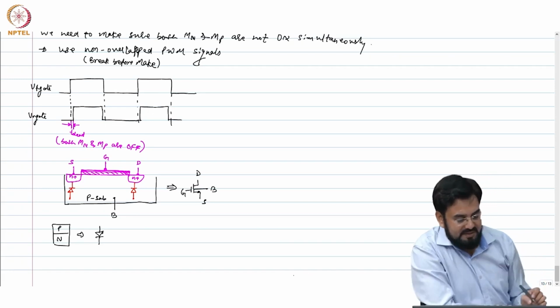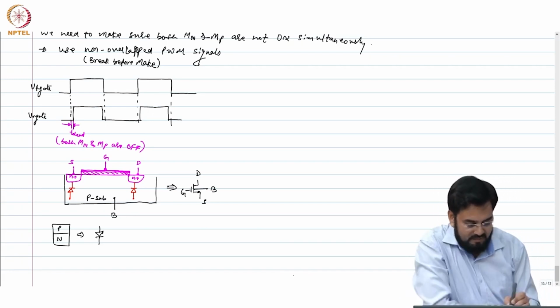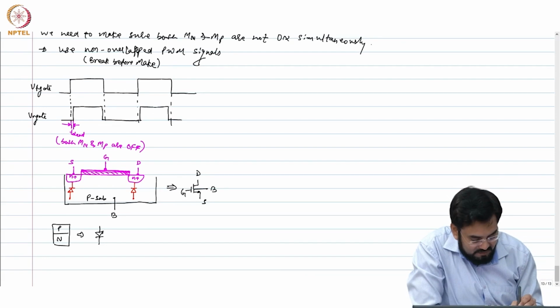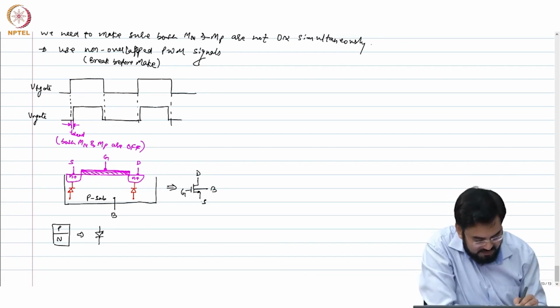Okay, which means I want to draw here those diodes.